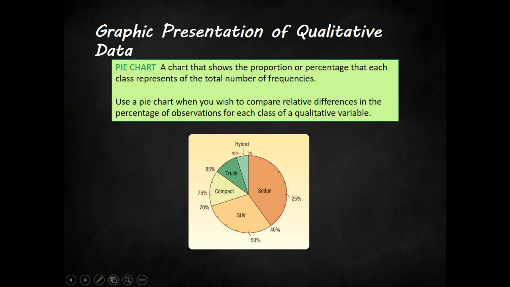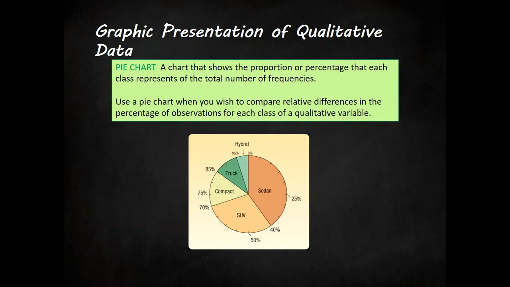So 70% minus 40% equals 30%. So 30% is SUVs, 85 minus 70 is 15% compacts, 95 minus 85 is 10% trucks, and then 5% hybrids. So this pie chart can really do a great job graphically representing the relative differences in these variables.